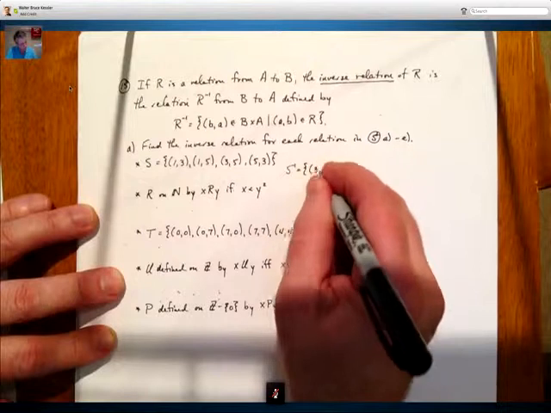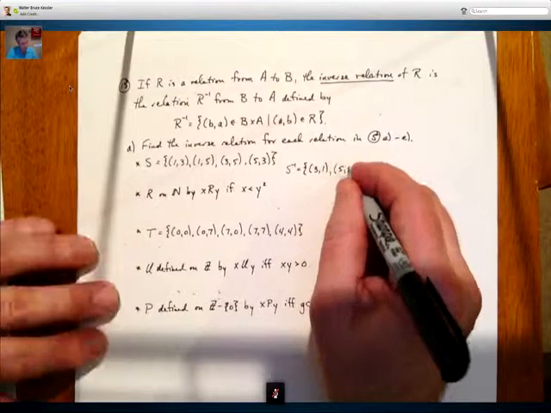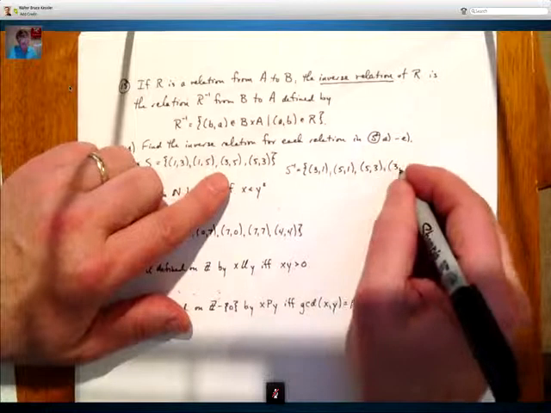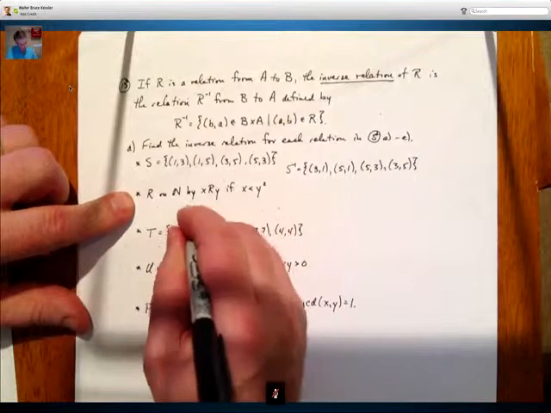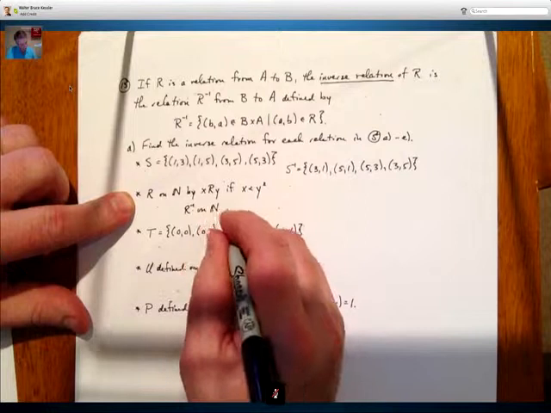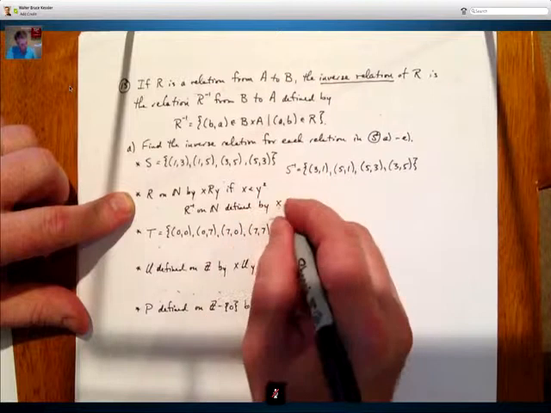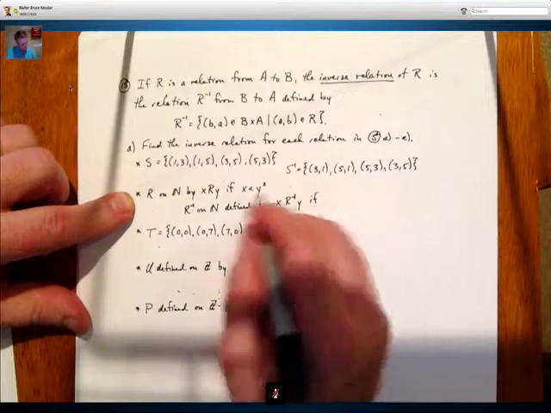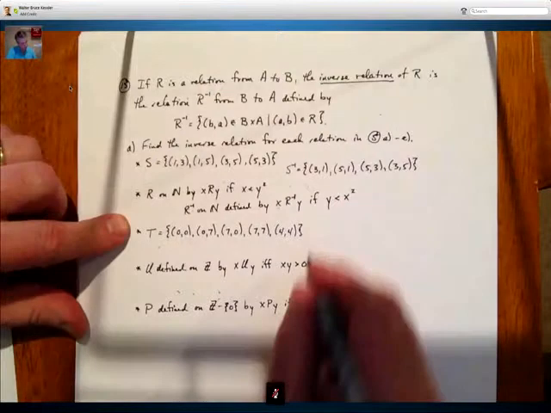If they list it out, just relist it with the first and second coordinates switched: (5, 1), (5, 3), and (3, 5). Here, our inverse on the naturals is defined by x inverse R of y if, and we do the same thing, y is less than x squared.